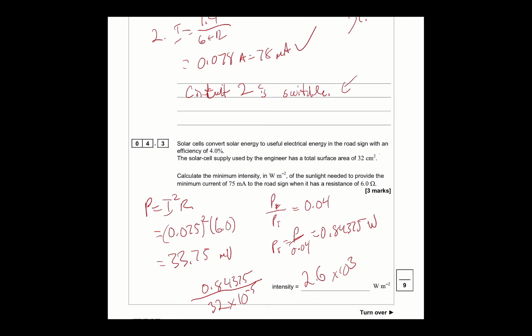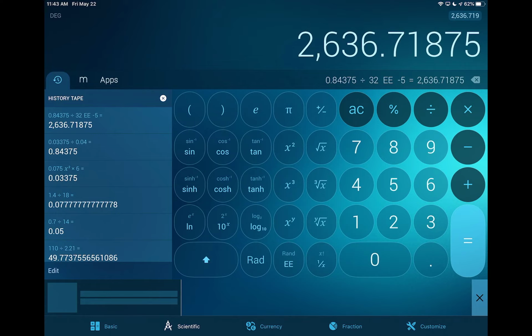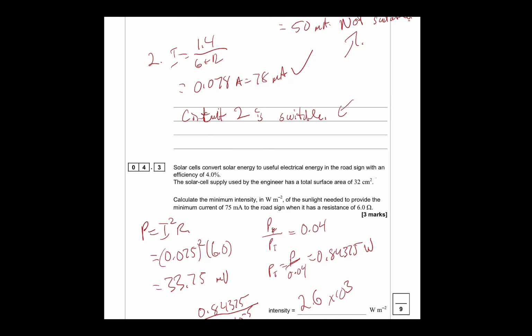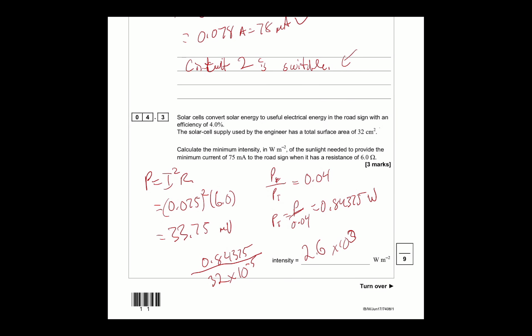Why am I off by a power of 10? Because it's not 10 to the minus 5, it's 10 to the minus 4. Watch your figures. Right, because it's divide by 100, divide by 100. That's obviously to the 4.